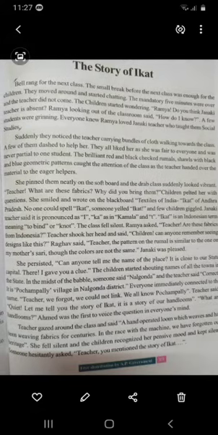Pelted means throw. They asked, Teacher, what are these fabrics? What do you mean by fabrics? Fabrics means material made by weaving for making clothes.